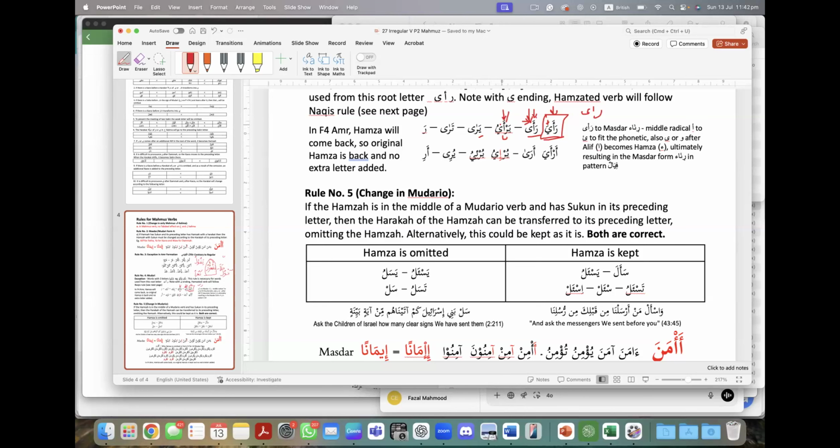Even if we don't consider the one which was there before, now you look at this: Ya, ra. Because it has got a fatha before, this will be completely harakat free, and it will become alif maksura, and this is what happens.